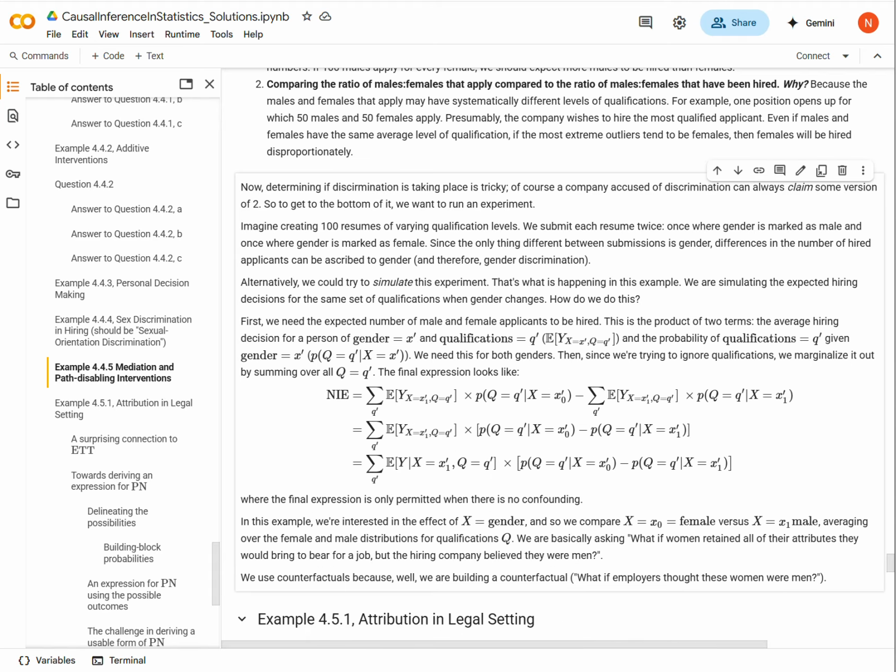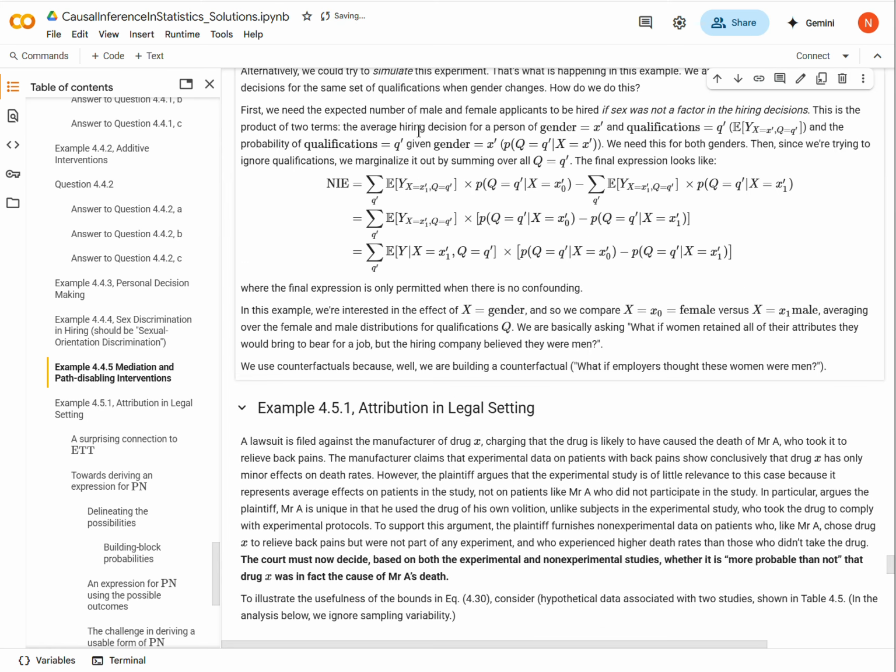Well, the first thing that we need is the expected number of male and female applicants that are going to be hired if sex is not a factor in decision making. Okay, and so the way that we get that is with the expectation of being hired or not, right?